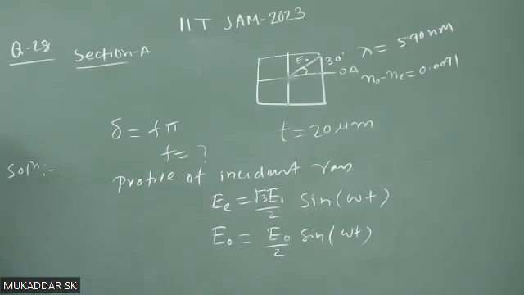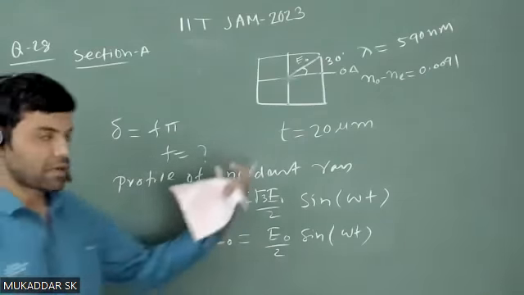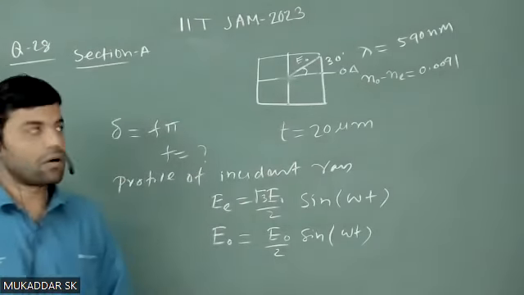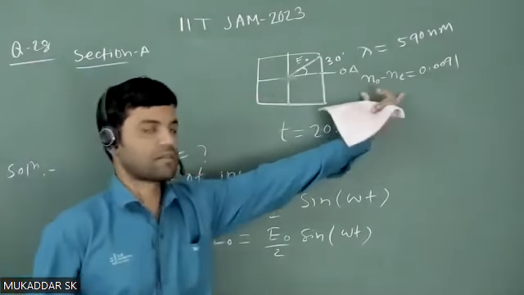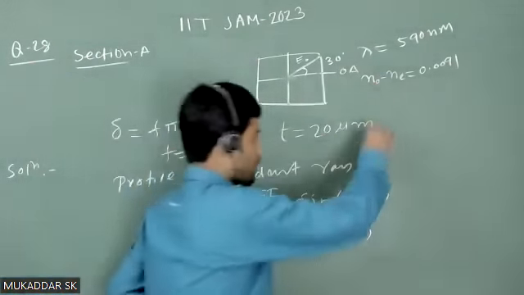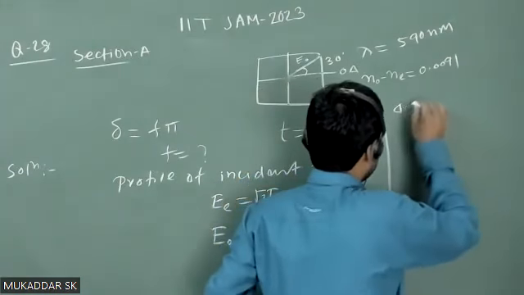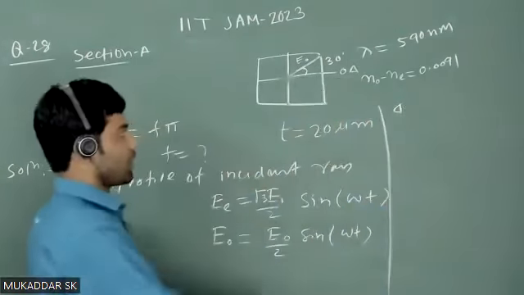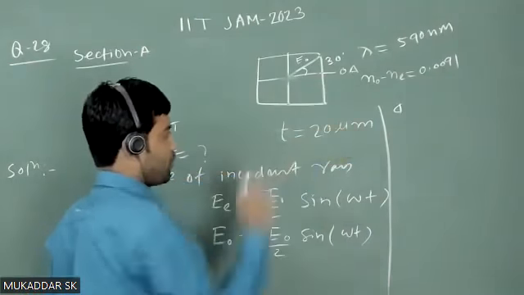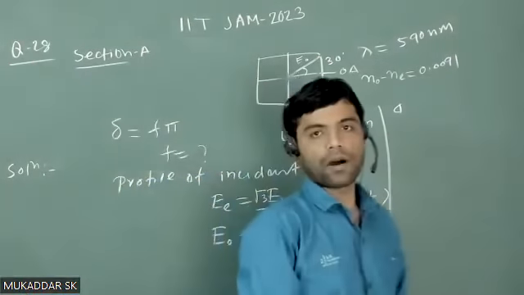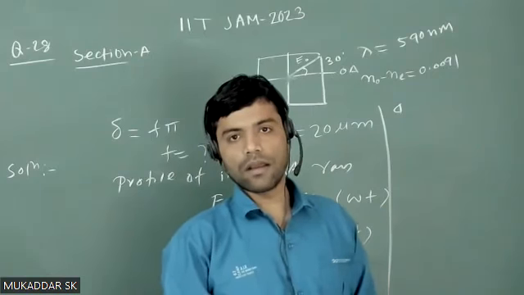Now there will be a phase difference in the transmitted ray. Why? Because of the path difference. When it travels through thickness T, which is 20 micrometer, there will be a path difference between E ray and O ray.